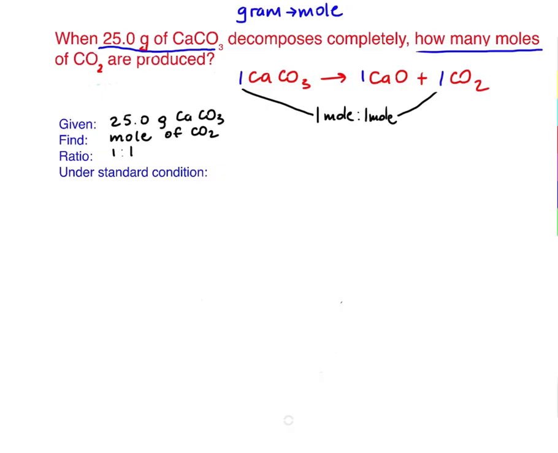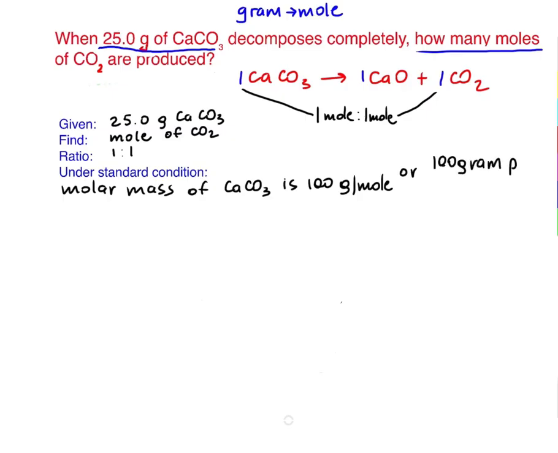And then the final one is the standard condition, which you also need to know. Under standard condition, the molar mass of calcium carbonate is around 100 gram per mole, so we can also write it as 100 gram per 1 mole.